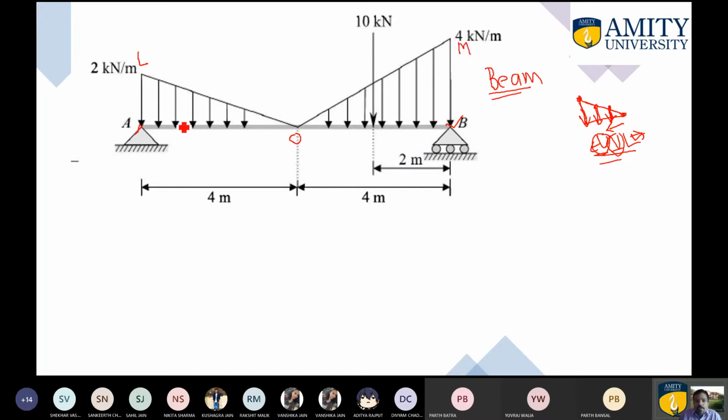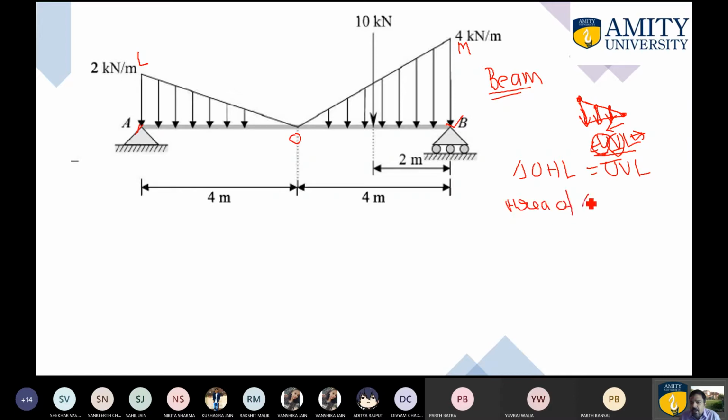So first of all, consider the triangle OAL. This triangle is a kind of UVL. Now, I think all of you know how to calculate the total load of a UVL. The method is to calculate the area of that load diagram.